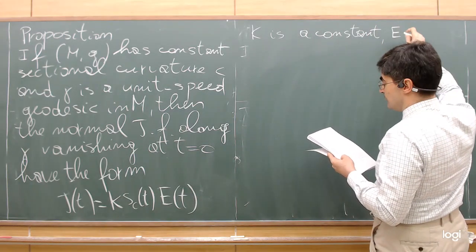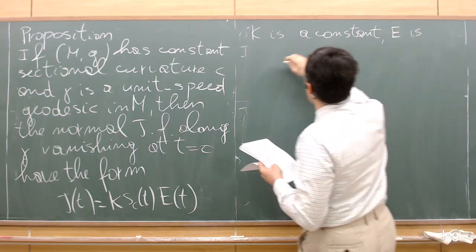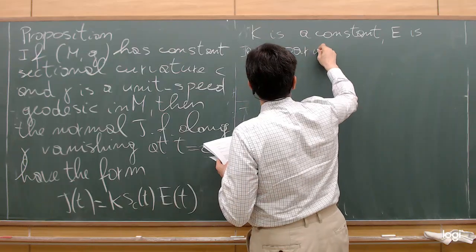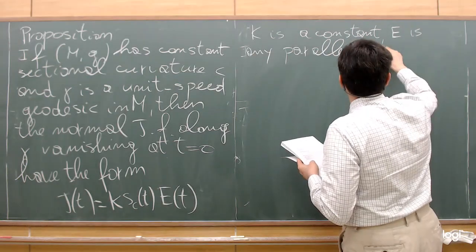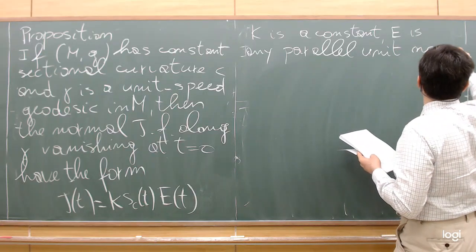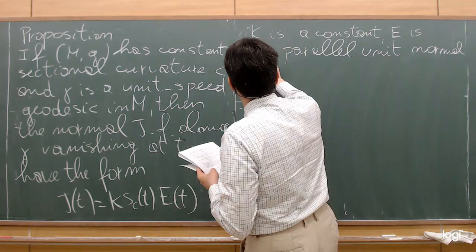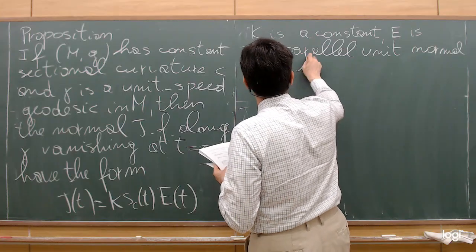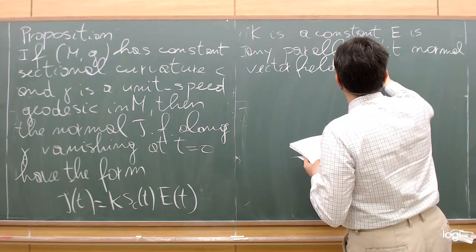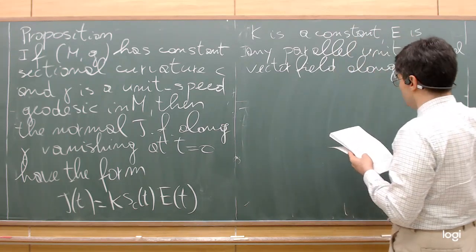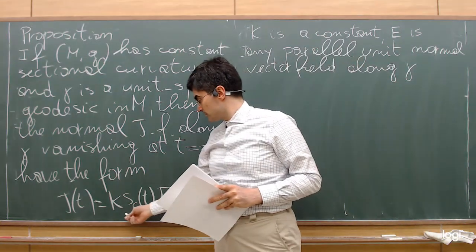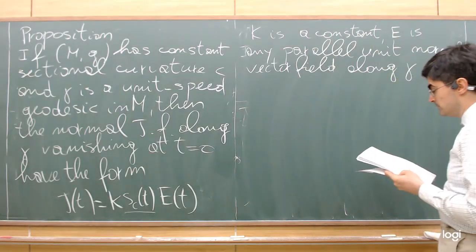E represents a parallel unit normal vector field along gamma, and SC is a function I defined 1 minute ago.